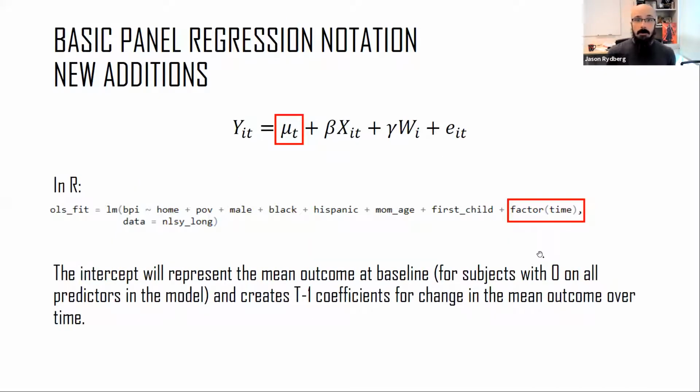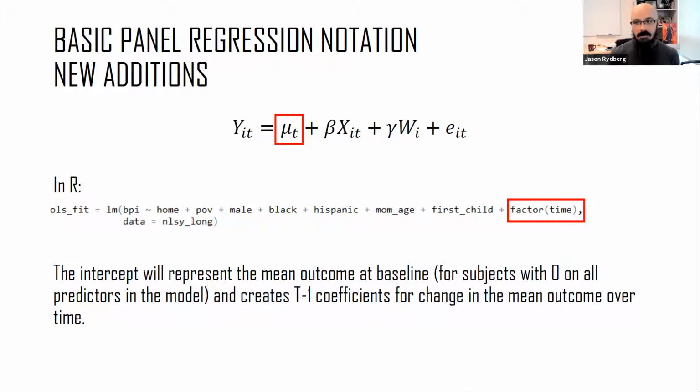So in R, this can be accomplished just by including time as a categorical variable. In this instance, time is actually numeric, but in the model formula, I have specified it as a factor. You could always specify it as a factor beforehand. In Stata, I can't remember exactly what you do with this.